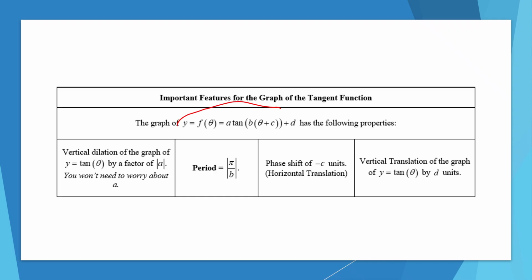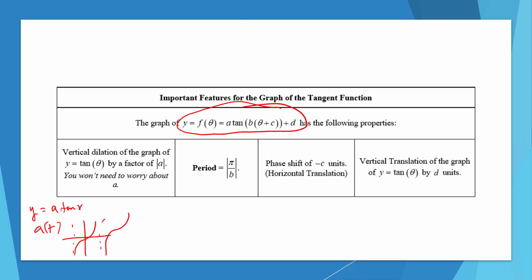This general setup or equation is very similar to sine or cosine, just with the word tangent instead of sine or cosine. The first thing is vertical dilation of the graph of tangent by a factor of a. You will not need to worry about this. The main thing you will need to know is if you have, let's say, y equals a tan x, if a is positive, the graph of tangent should look like this.